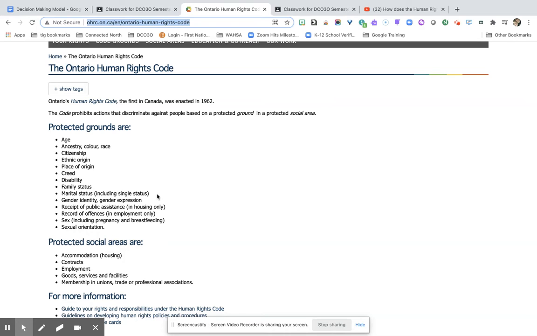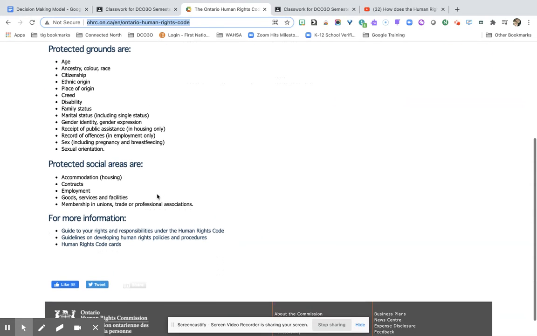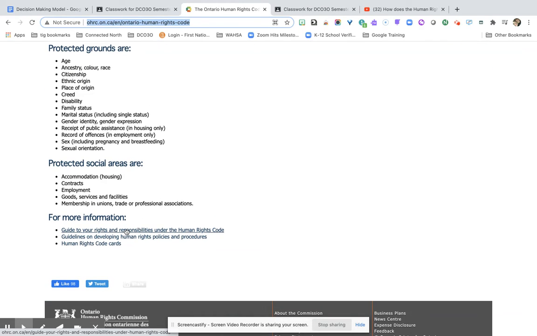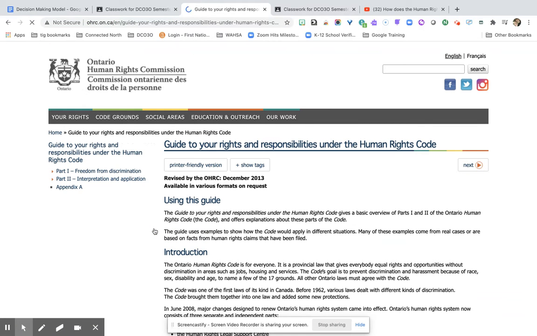Whether they're receiving public assistance, they're not to be discriminated against. Whether they've had a record of offenses, they're not to be discriminated against. They're not to be discriminated against around sex or sexual orientation. So the guide to your rights and responsibilities under the Human Rights Code can be found on this page here.